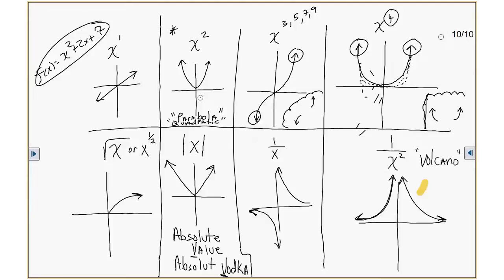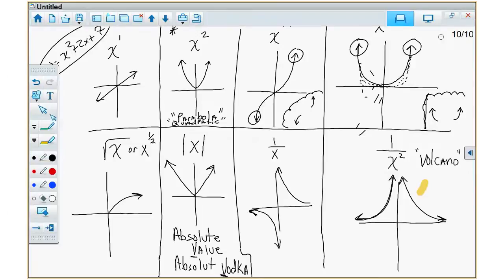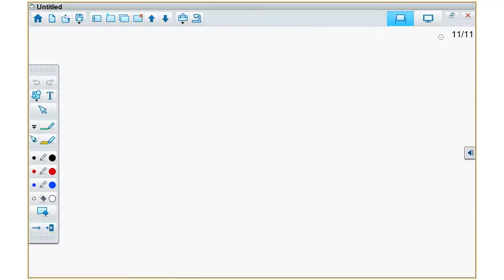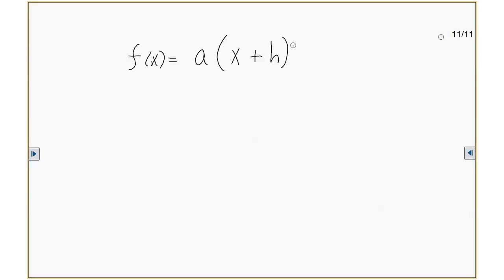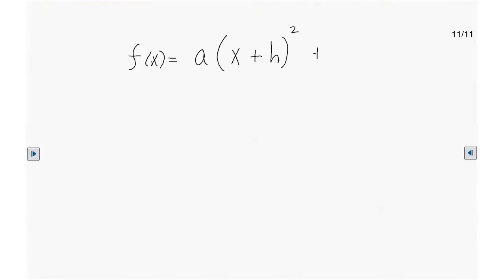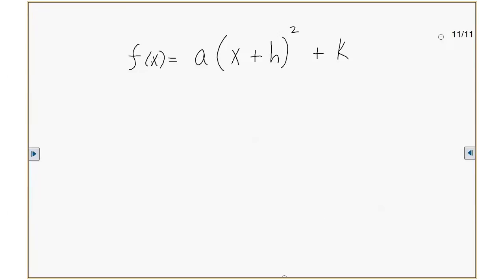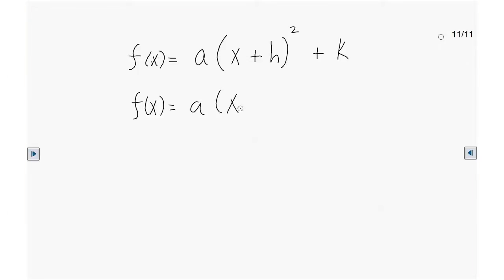All right, so this is the first thing. The second thing is the general form of a function. F of x is equal to a times (x plus h) quantity squared plus k. Now, it could be f of x equals a times (x plus h) to the 3rd power plus k.